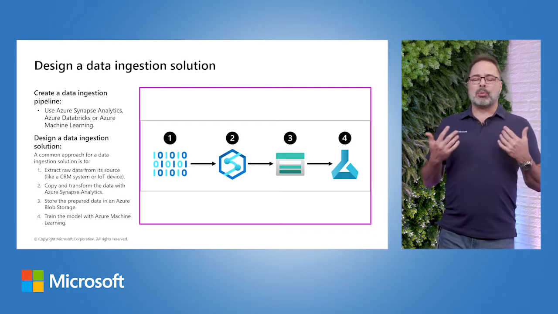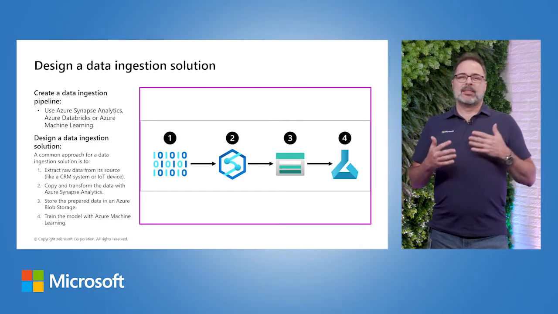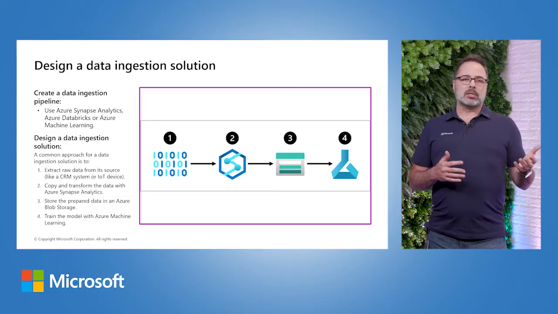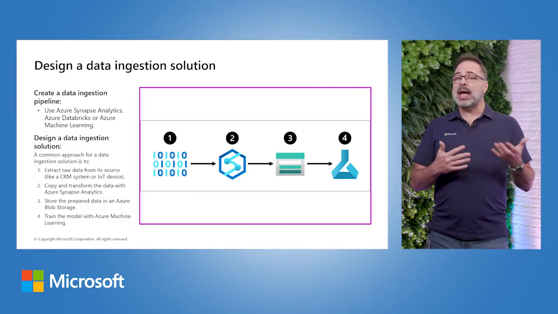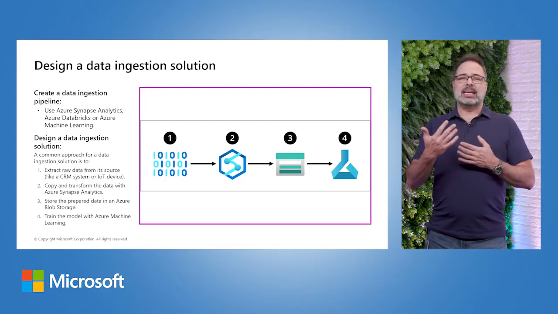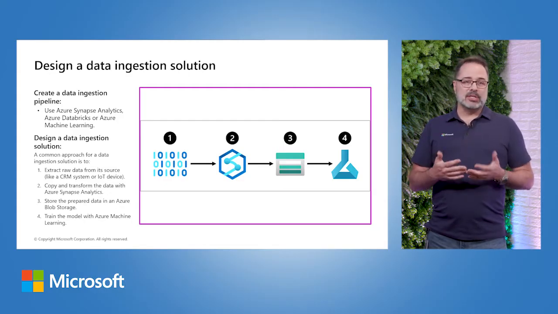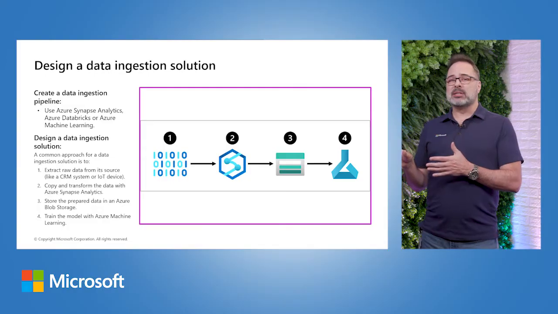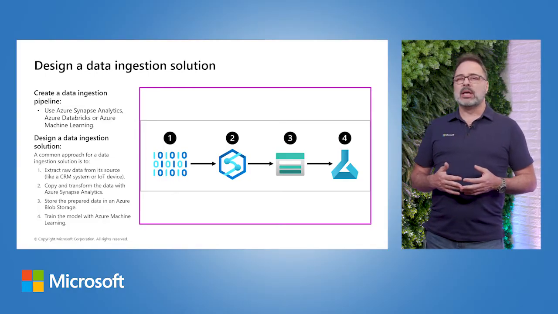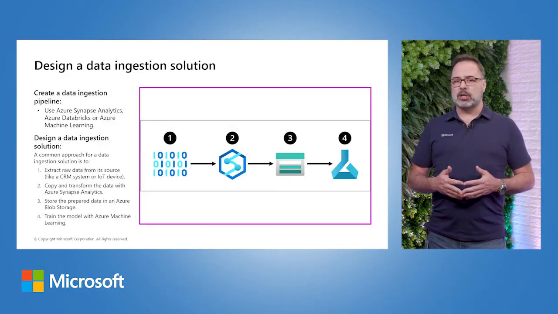The overall process here that's illustrated on the slide is to extract the data from the source, use a service such as Azure Synapse Analytics to perform the ETL, ELT operations on the data, and then output the prepared data to one of the storage services like ADLS, where it can then be consumed by the Azure Machine Learning Service.